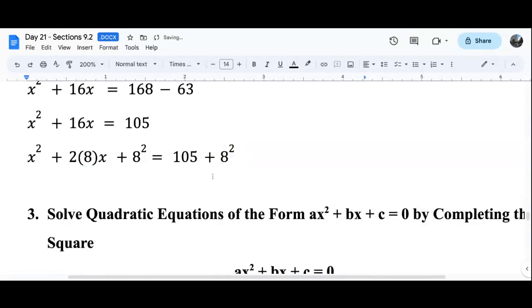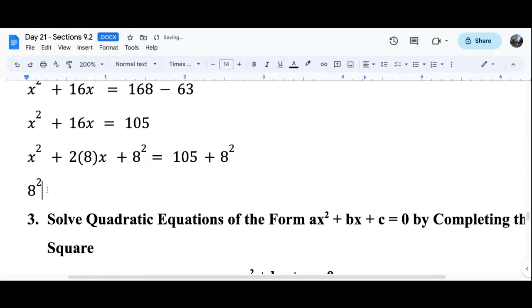So this side I can write as (x plus 8) squared.